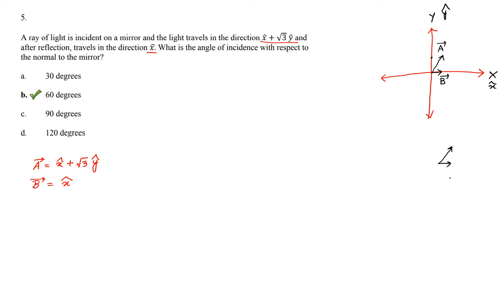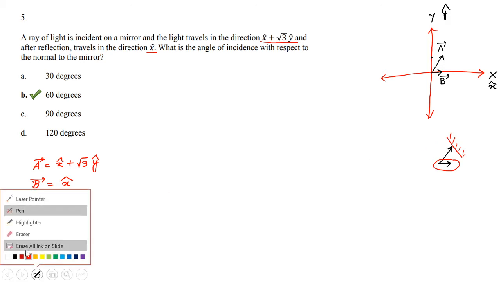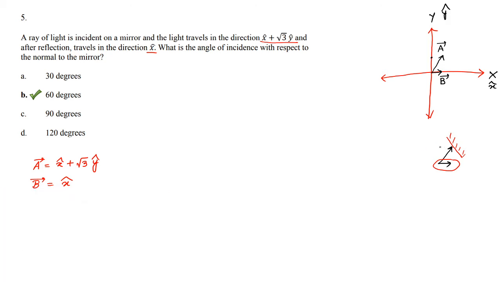Is it possible? Can it be possible? No, right? Because if here is a mirror, something like this, how can the reflection vector be like this? The reflection vector would be like this, that is, this B vector will be minus x cap.